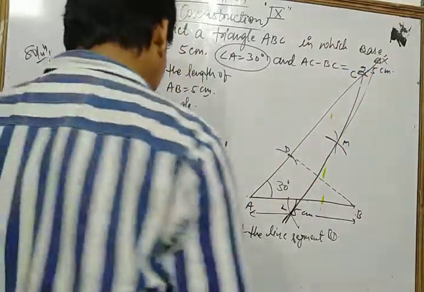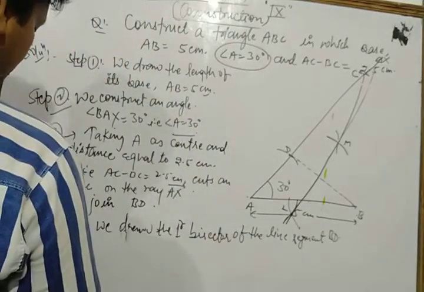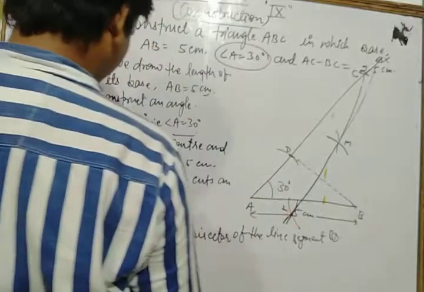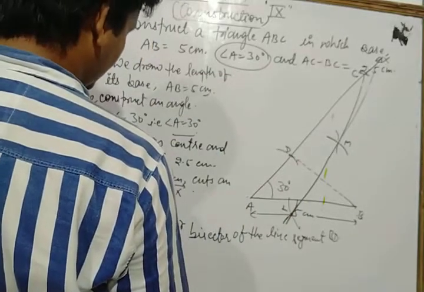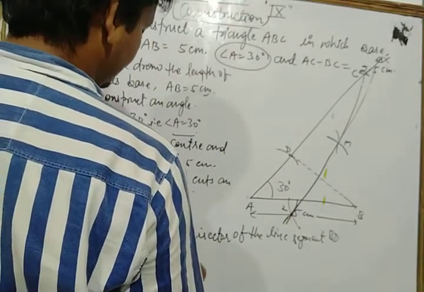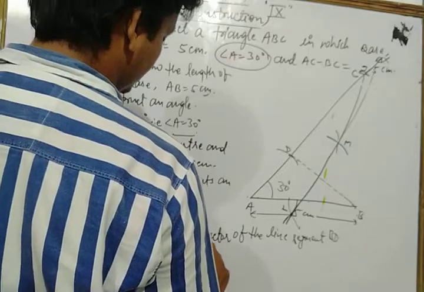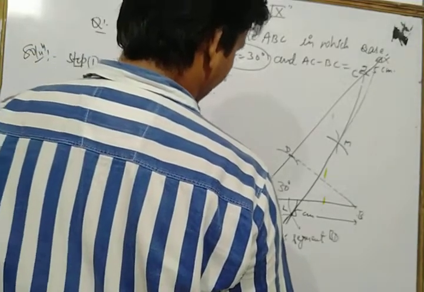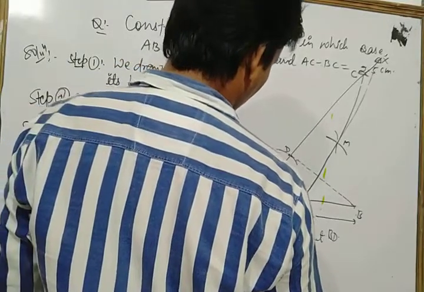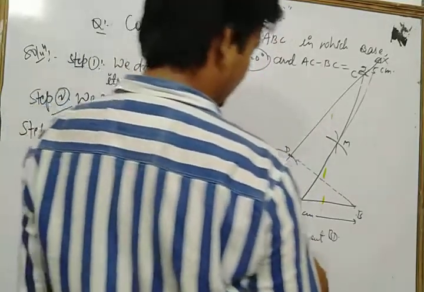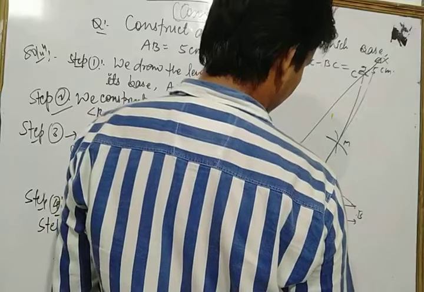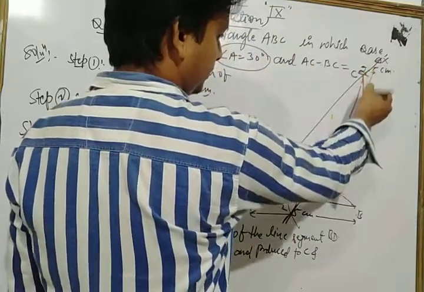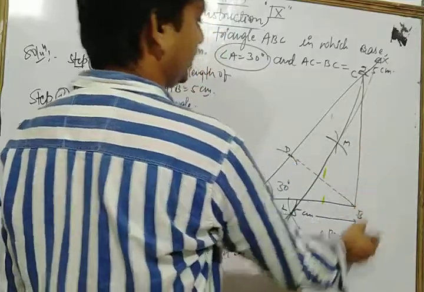Now in step 6, we join the points L and M and produce to C, and finally we join BC.